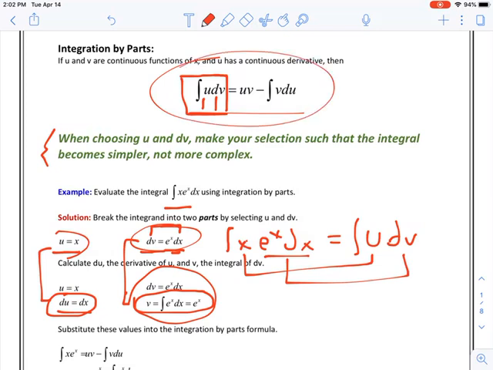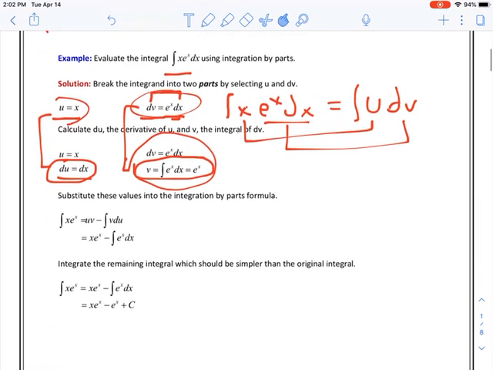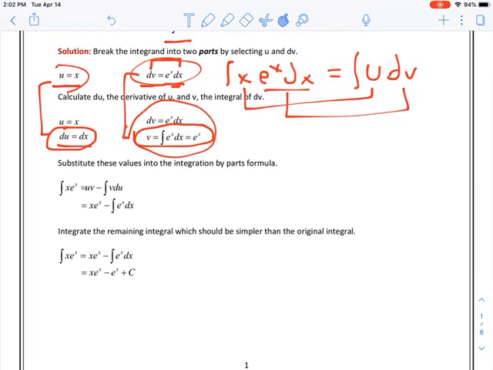Now the process is to put them all together in the formula. We substitute these in. The formula says that the antiderivative of u dv is equal to uv minus the integral of v du.